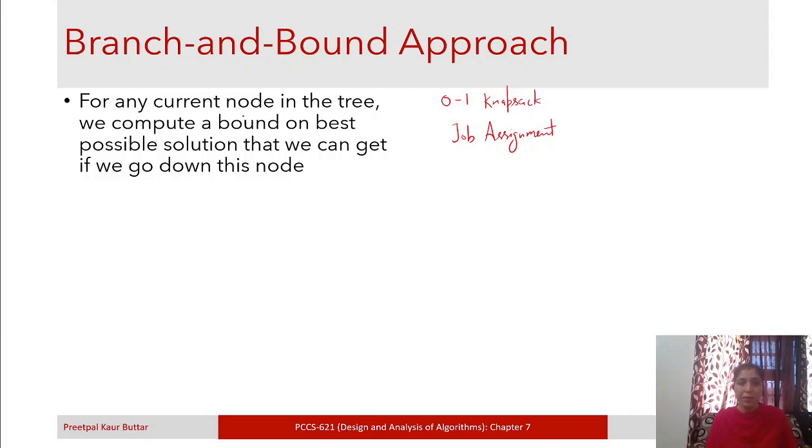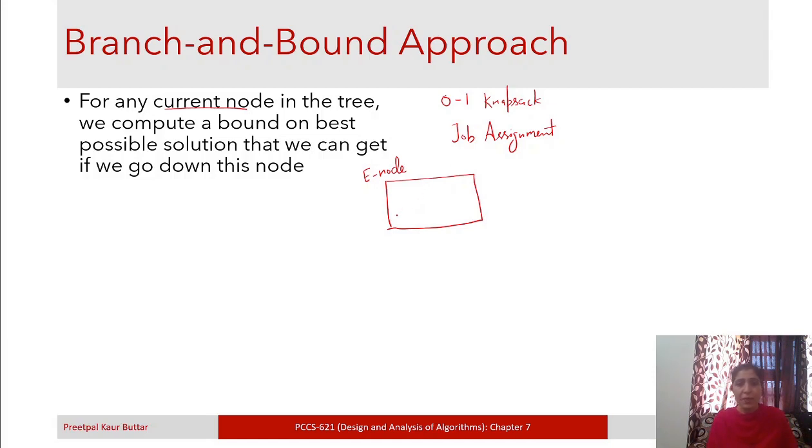For any current node, meaning the node which we are going to explore currently, any E-node, we compute a bound. Whenever we visit a node, we compute its bound. It can be an upper bound or a lower bound.